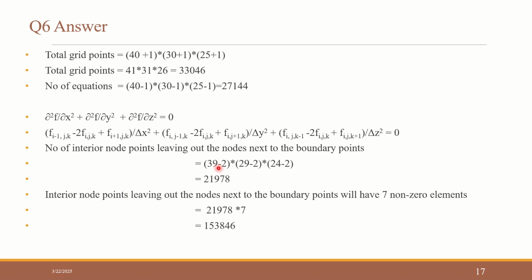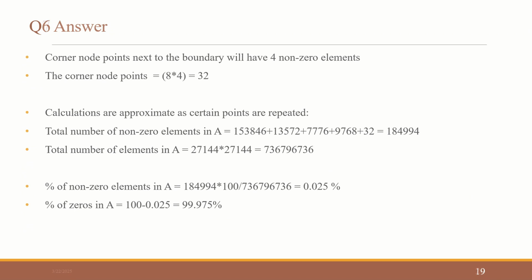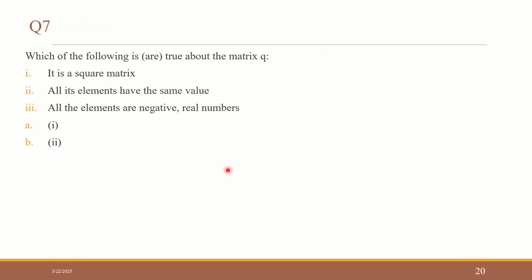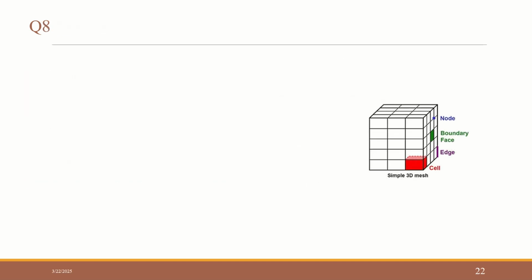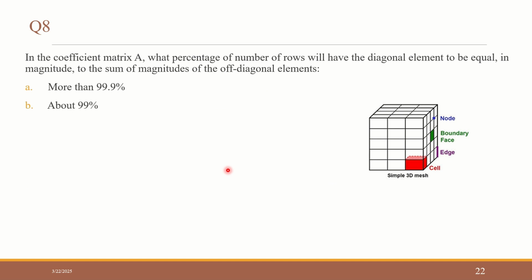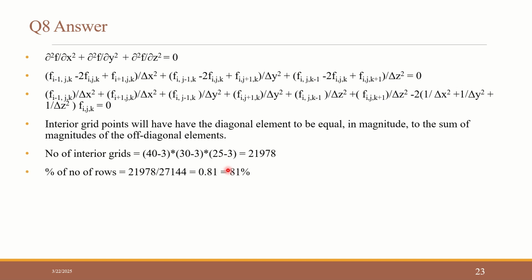So it is 39 minus 2 or 40 minus 3, however convenient we can write. 40 is the number of divisions, so it is 40 minus 3 into 30 minus 3 into 25 minus 3.